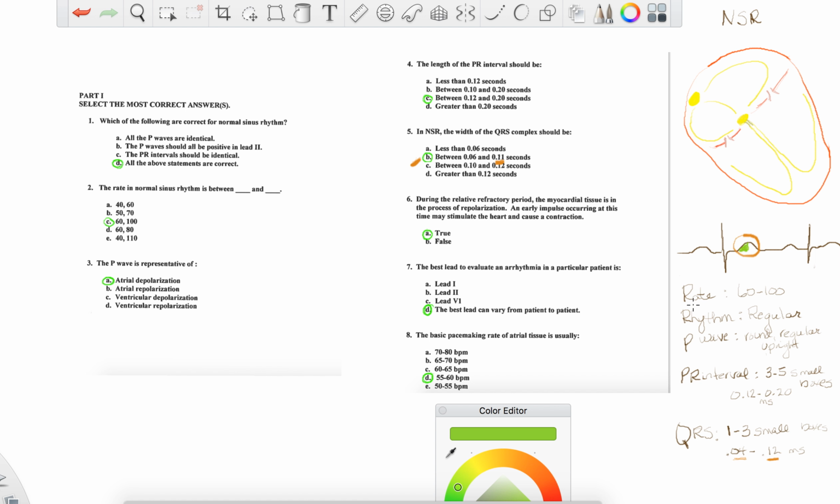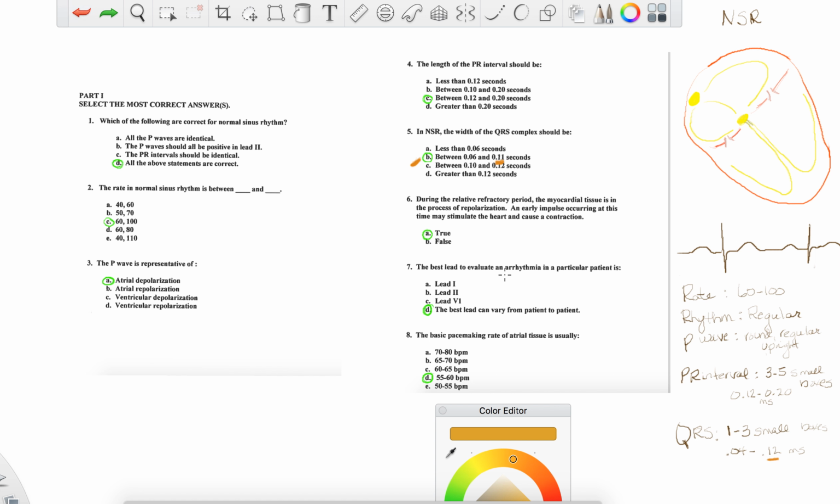There's no way you're going to get another depolarization out of that tissue in the absolute refractory period. But in the second half, the relative refractory period, then it's possible to get another stimulus or another depolarization out of that tissue. Okay, so be real clear on that. Relative and absolute refractory periods.